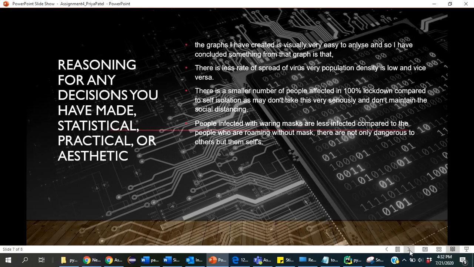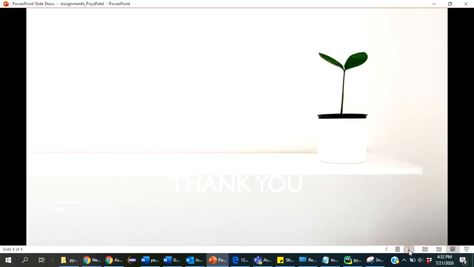There is a smaller number of people affected in 100% lockdown compared to self-isolation, because people maybe don't take this virus seriously and don't maintain social distancing, and it results in an increase of affected people. And people wearing masks are less affected compared to people roaming without masks. They are not only dangerous to others but to themselves as well, so they need to take care of that. This is what I have concluded. Thank you.